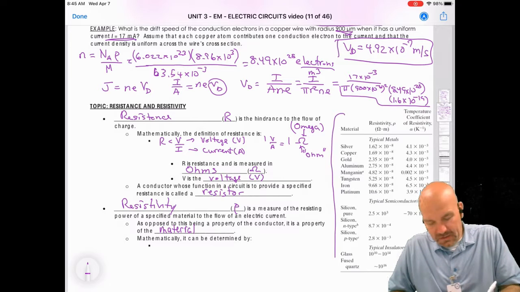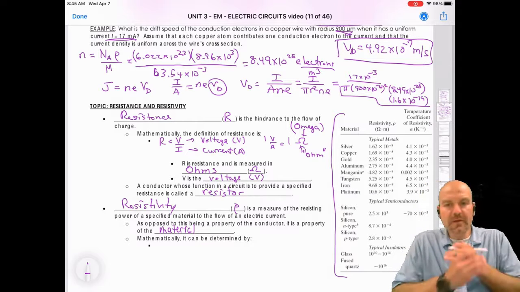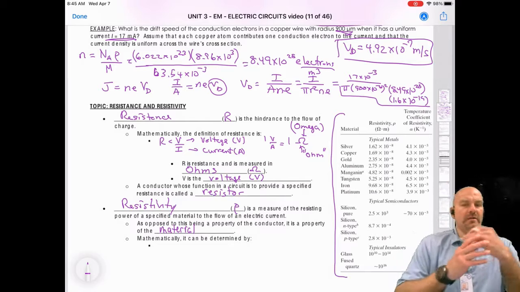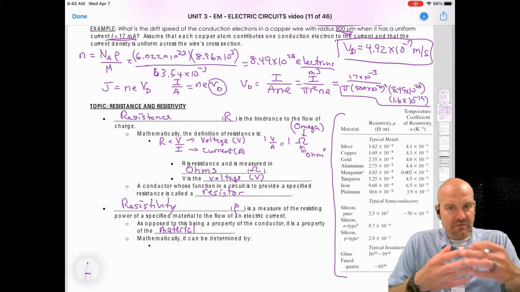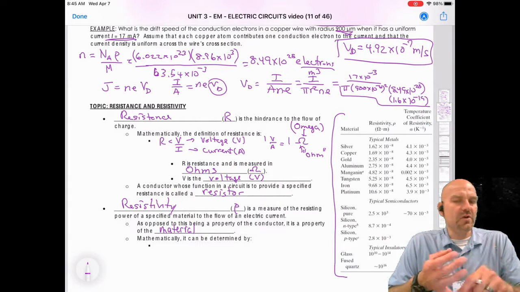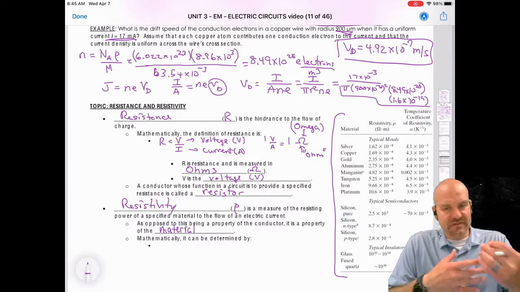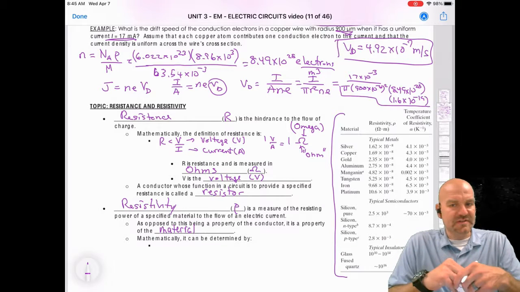You can look right here in this little chart that I've included. These are just some sample resistivities. Again, on the test, if they're using this quantity and you don't have to solve for it, they're probably going to give it to you. There is no chart on the AP Physics C exam that has resistivity of materials and temperature coefficients and so forth.